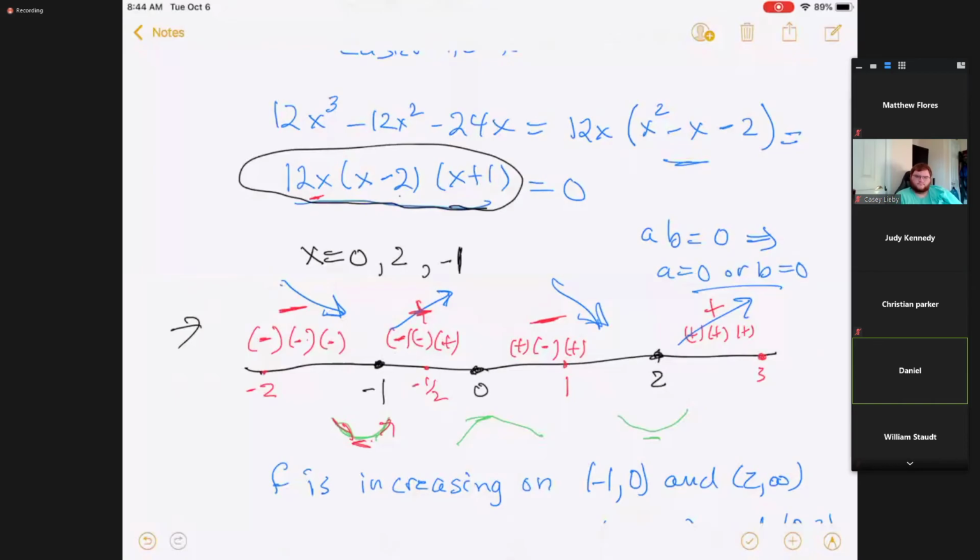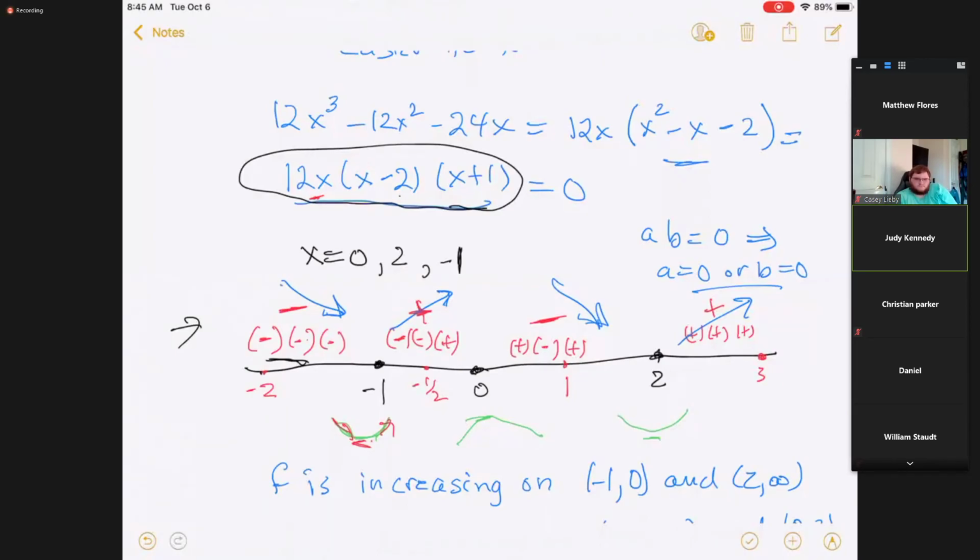Okay, but that's beside the point. How do I get this? Well, I picked a number in the interval from minus infinity to 1. Any number will do, and in fact, pick it so it's easiest for you. So I picked minus 2. And then I look at what the sign of each of the factors is at minus 2.